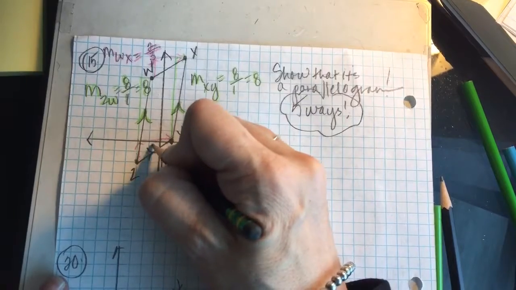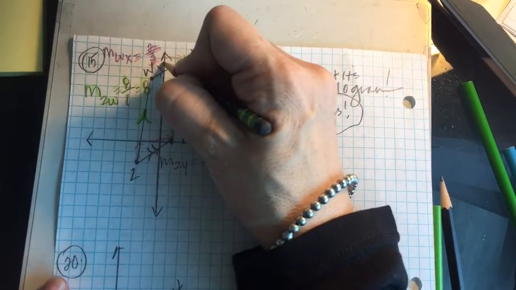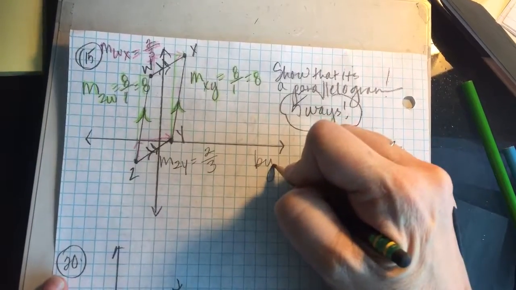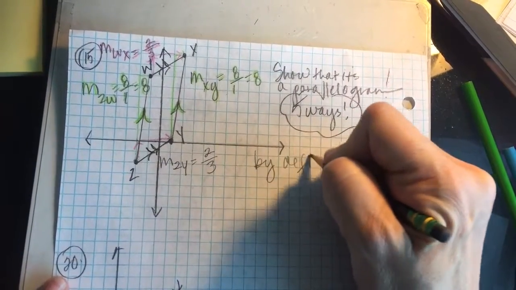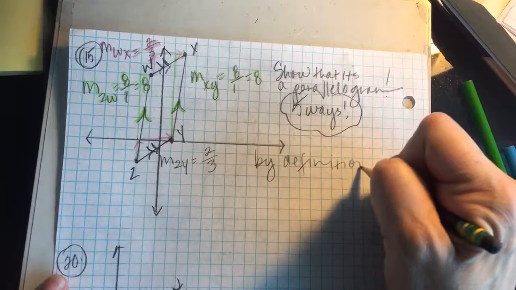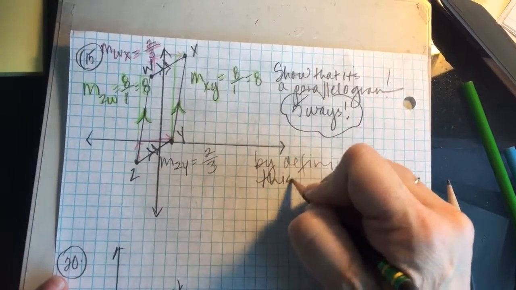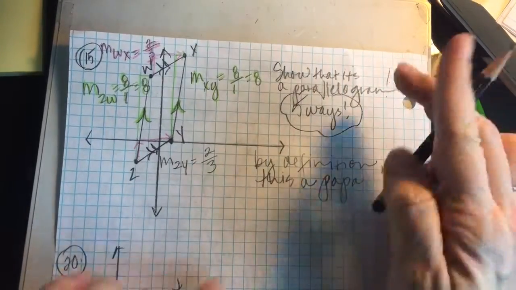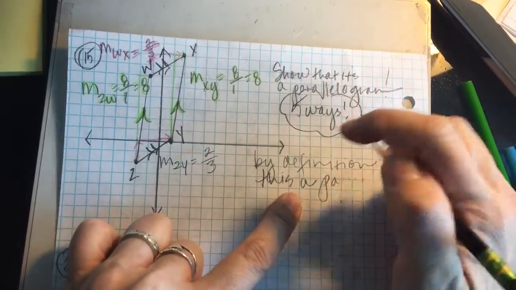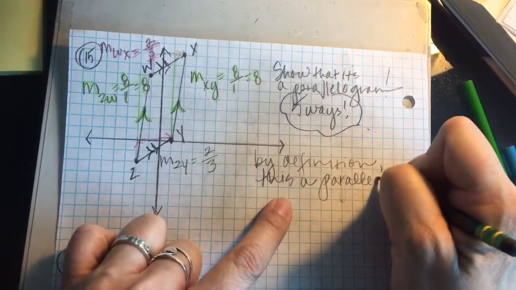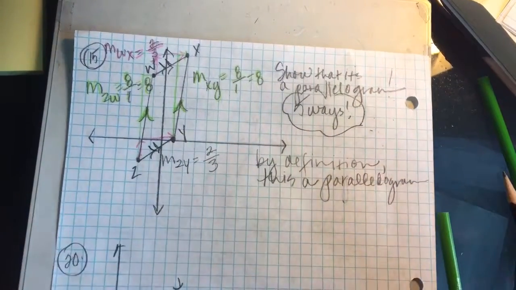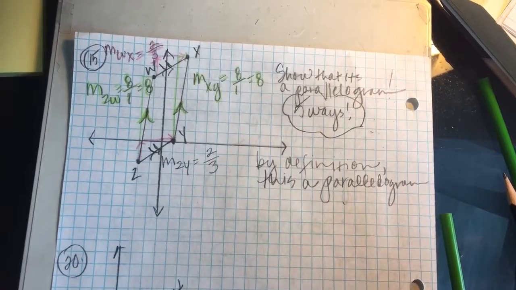I can mark parallel lines on that pair of sides as well. So by definition of parallelogram, this is a parallelogram because I just showed both pairs of opposite sides are parallel to each other.